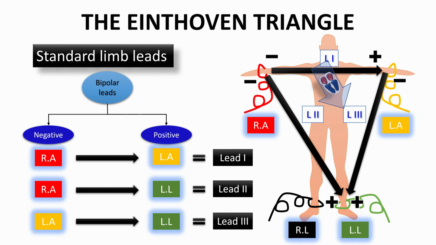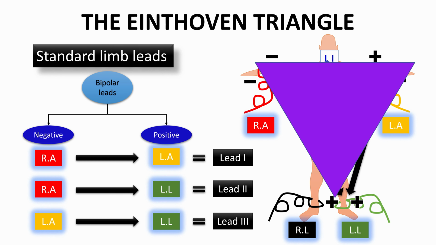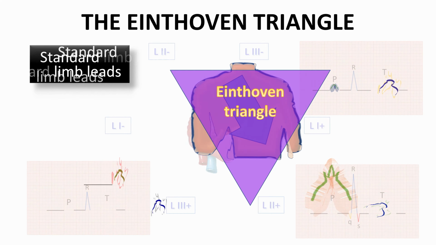We have seen that the standard limb leads are recorded from two limbs at a time, one carrying the positive electrode and the other the negative electrode. The three standard limb leads L1, L2, L3 can be seen to form an equilateral triangle with the heart at the center. The triangle is called the Einthoven triangle.